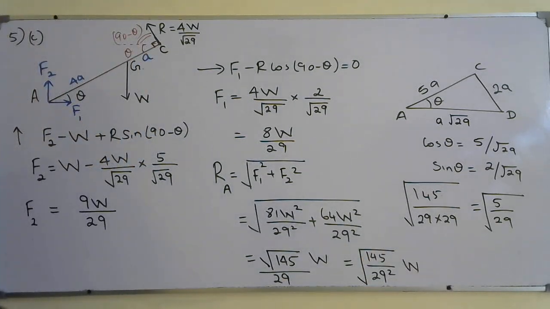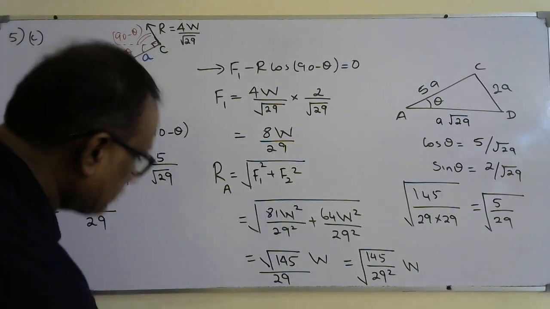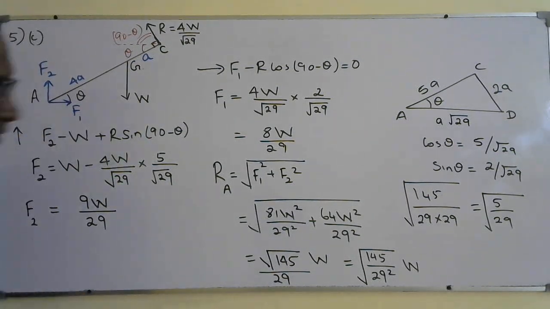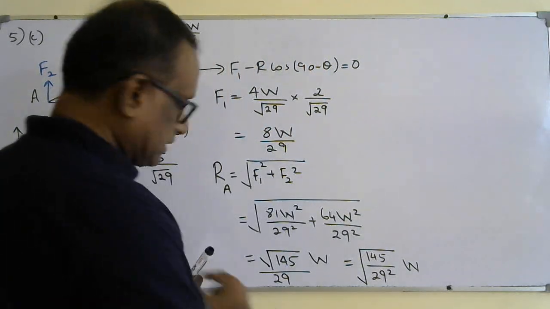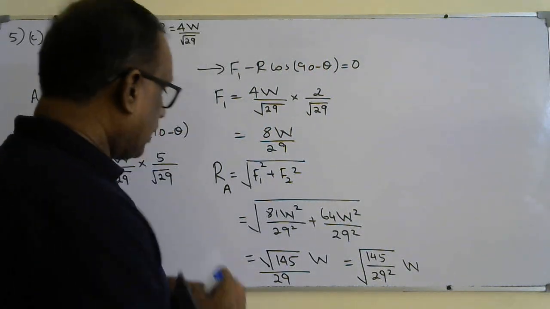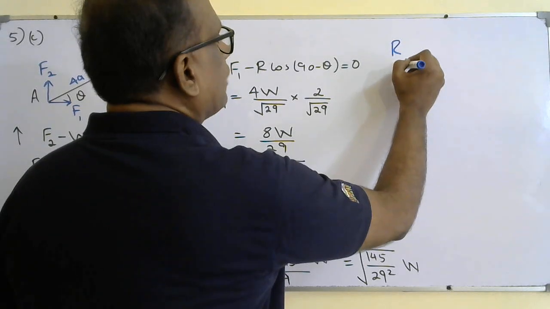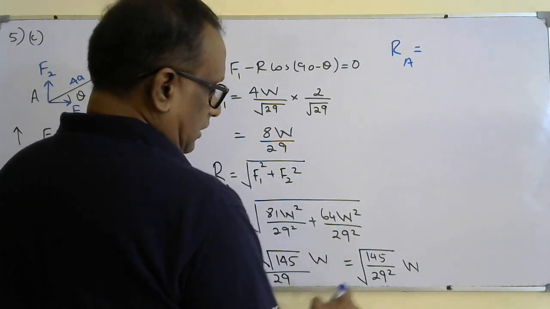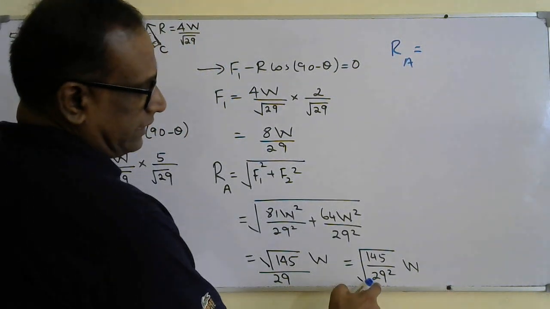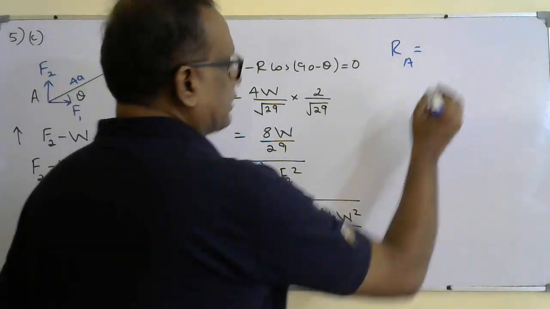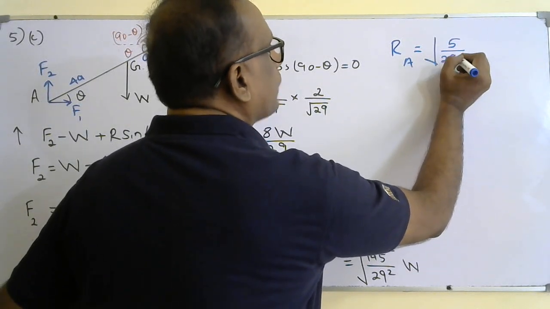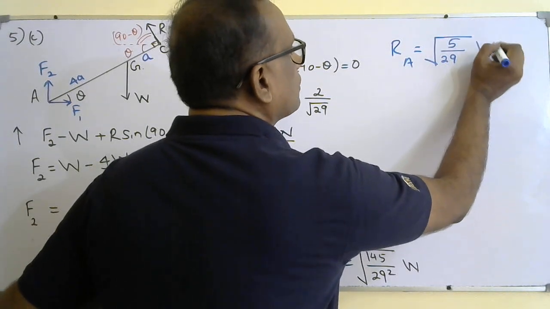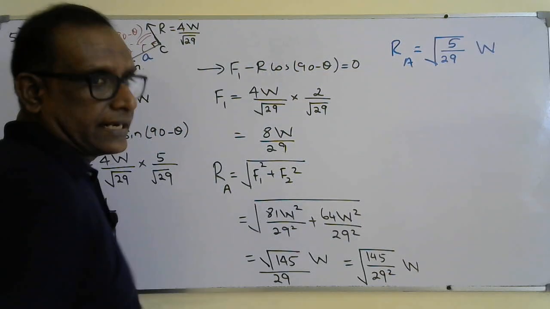So finally the resultant force RA at A is going to be, if we solve it, one 29 will get cancelled, so it's going to be square root of 5 over 29, W outside the square root.